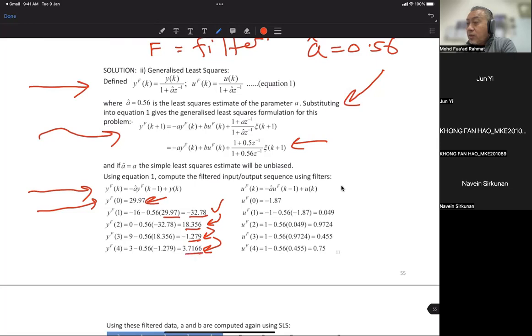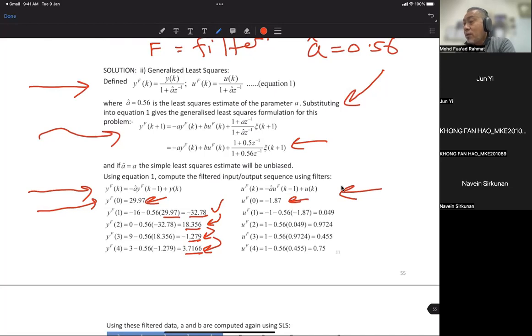These values will be constructed in a new table after we calculate for U. So UF is minus A UF K minus 1 plus UK. UF0 is given as minus 1.87.